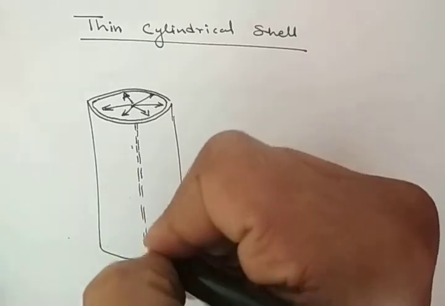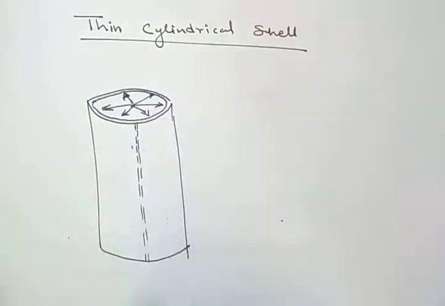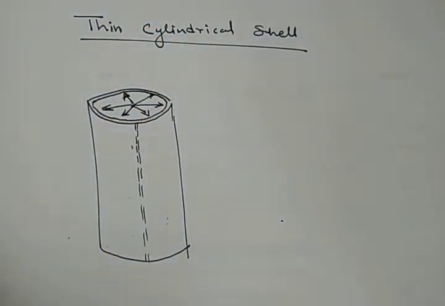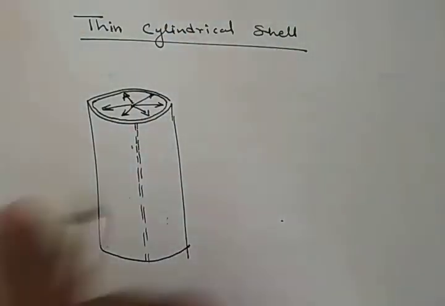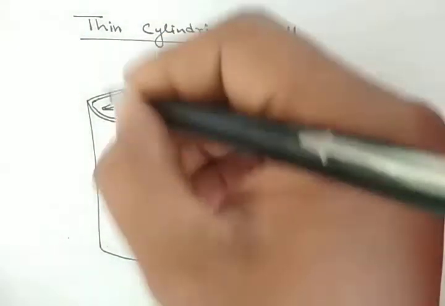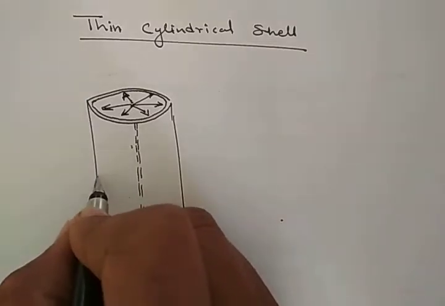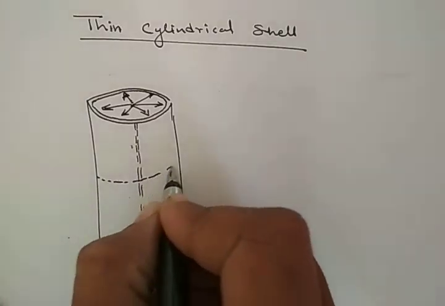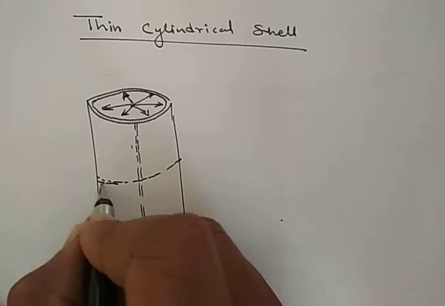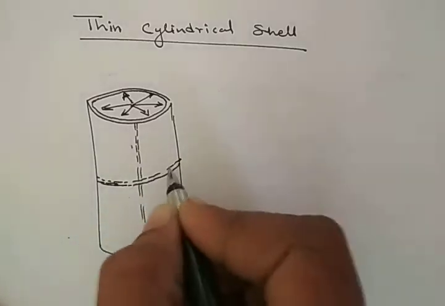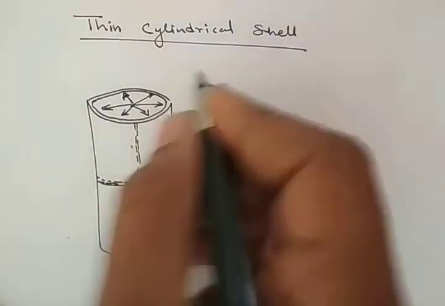Either the cylinder will break like this, in this direction along the circumference. Circumference means anywhere on the circumference. And another breaking point might be like this, somewhere here. It may break down from this side.